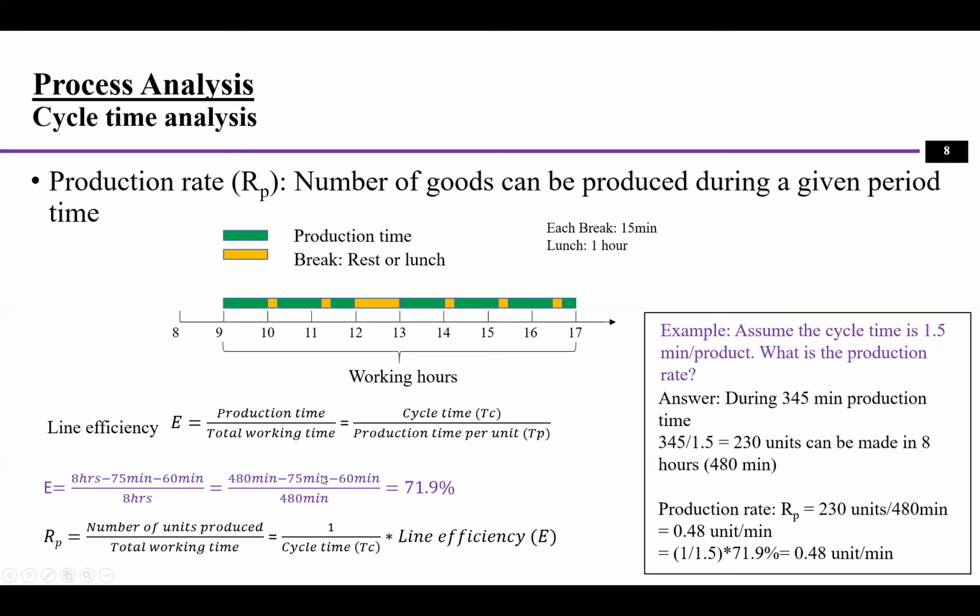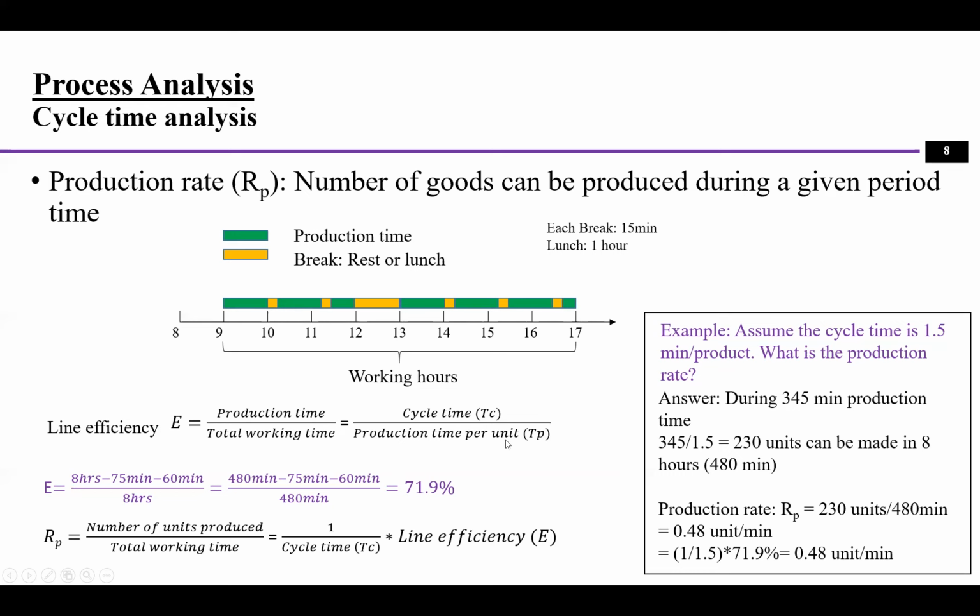All right. So using the cycle time divided by production time per unit, we can also calculate the line efficiency, because production time per unit means what? It accounts for all the rest and also working times.